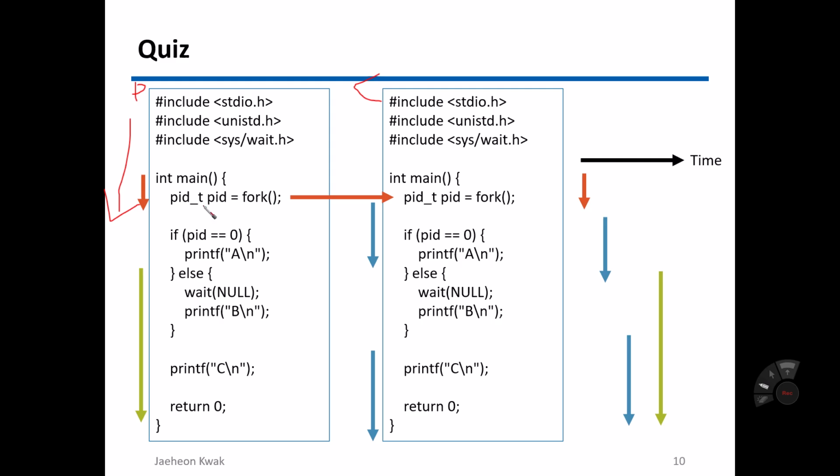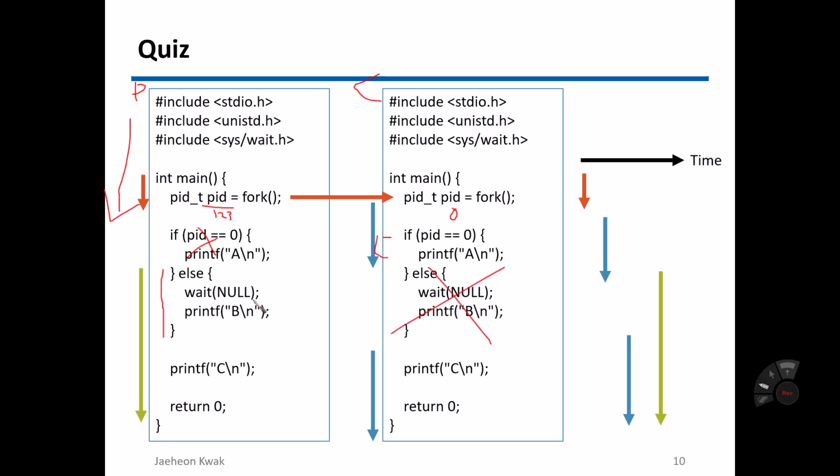At this PID variable, the parent process will save the PID of the child process, and 0 will be saved in the PID of the child process. So the parent process will execute these lines, not this line, and the child process will execute these lines, not this line.